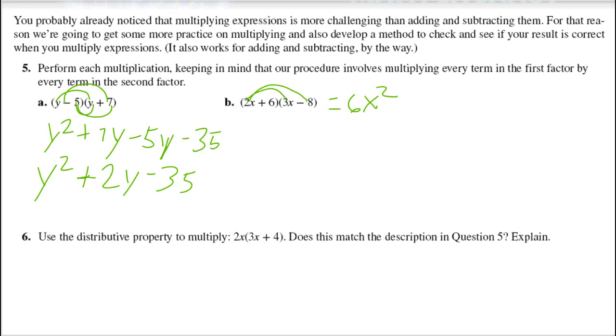I can multiply the numbers. Negative 8 times 2 is negative 16. And then I do 6 times 3x, which is 18x. And it's positive, so I'm going to add 18x. And then I do 6 times negative 8, which is negative 48.